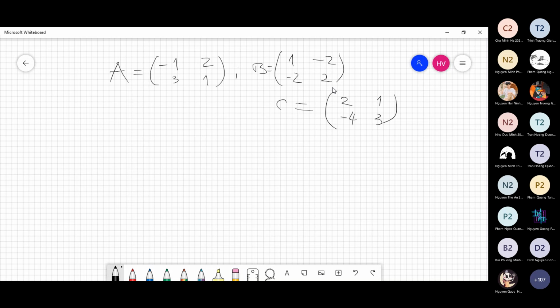Let's compute AC plus BC. If you compute directly, A multiplied by C, then B multiplied by C, and then add, it's a little bit long.